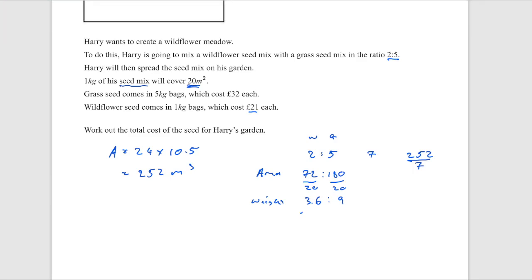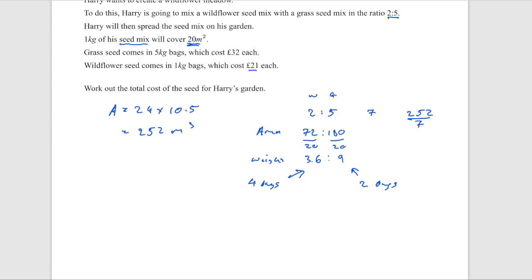We can't buy 3.6 kilograms of the wildflower seed because it comes in bags of 1 kilogram. So we are going to need 4 bags of that. And grass seed comes in 5 kilogram bags, so in effect we need 2 bags of that, since we can't get a multiple of 9.